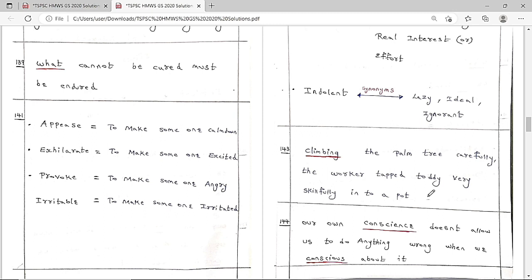So finally I can say, climbing the palm tree carefully, the worker tapped toddy very skillfully into a pot. So this is the correct solution of this question.